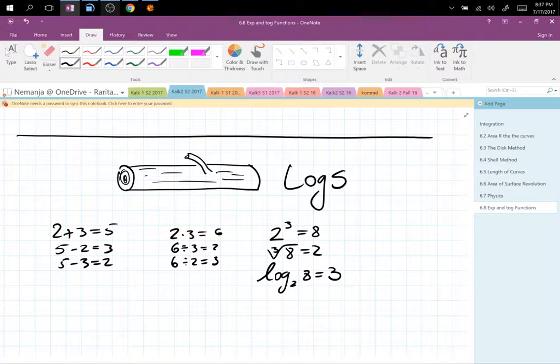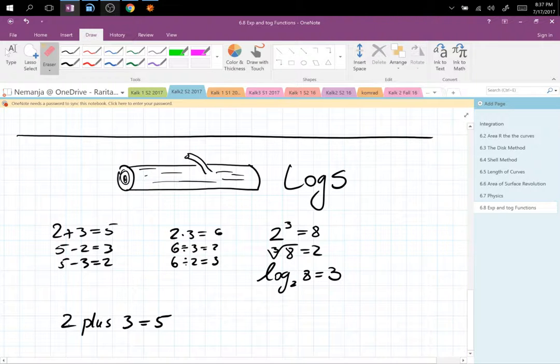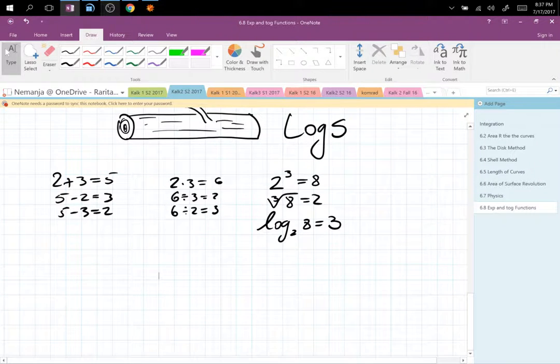It has letters, right? So you kind of want to treat it differently, but you shouldn't. It would maybe be better if we had like 2 plus 3 is 5, then maybe logs would have a better placement in the world. It wouldn't be discriminated against as much. But such is life, I guess.